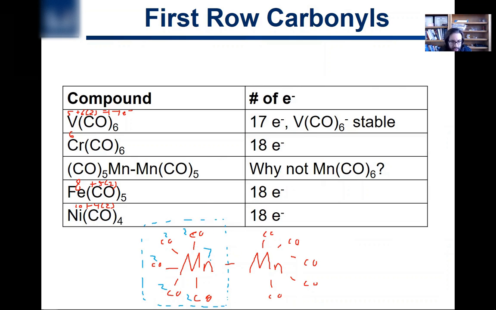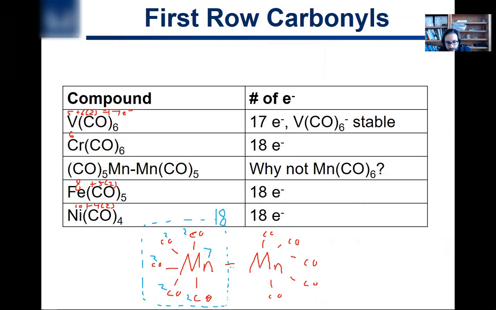But this has 18 electrons because right now we have 17 electrons, but then we're sharing, right? This is 2 electrons in a bond there. We're sharing an electron with another manganese atom. So in total, we're going to get 18 electrons for this manganese atom, and this manganese atom is exactly the same, also has 18 electrons. So by dimerizing like this, these metal carbonyls can become stable and achieve the 18 electron rule.